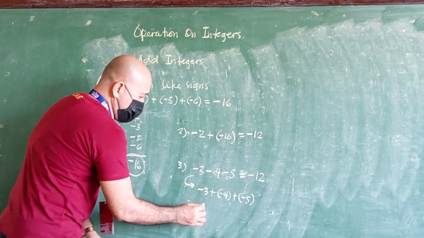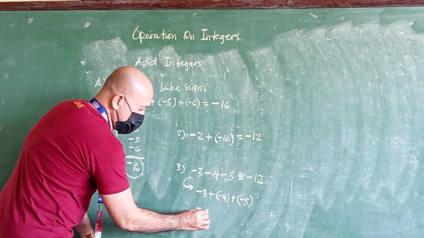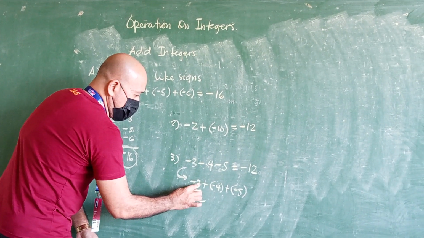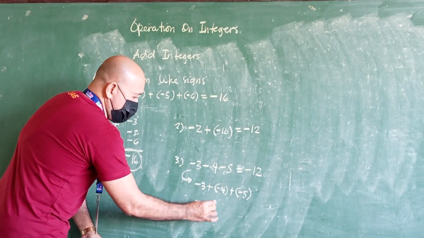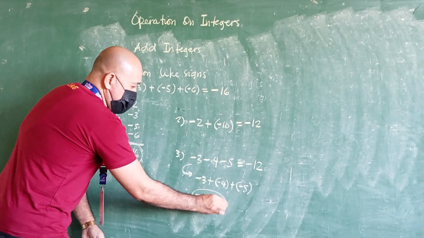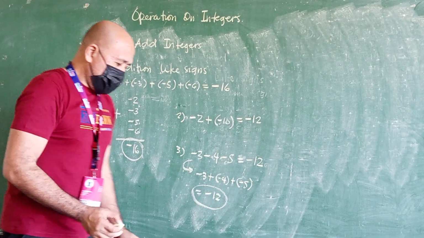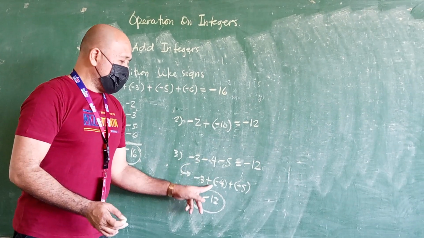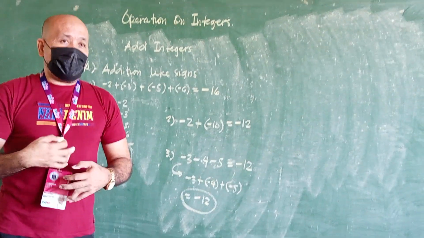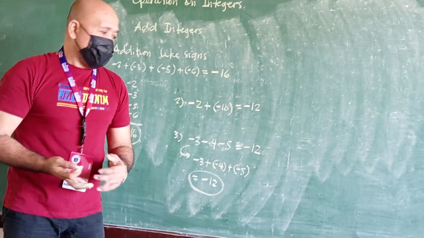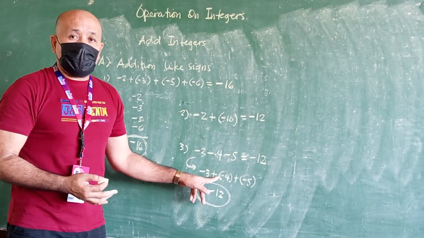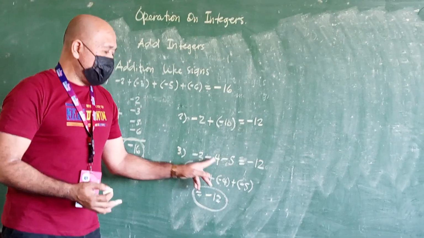So what you will do is bring down the common sign, that is negative, and add all the numbers, that is 3 plus 4 plus 5, that is 12. Only that maybe your teacher was not able to rewrite the given into this form so that it can be clearly illustrated to you that the actual operation is plus or addition, although it is minus here.